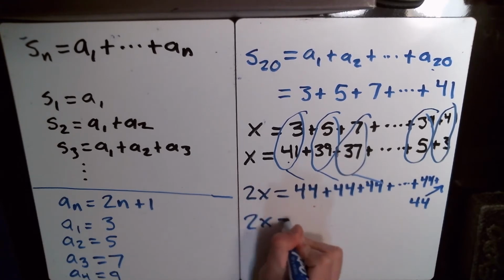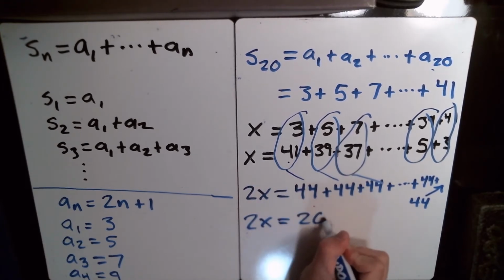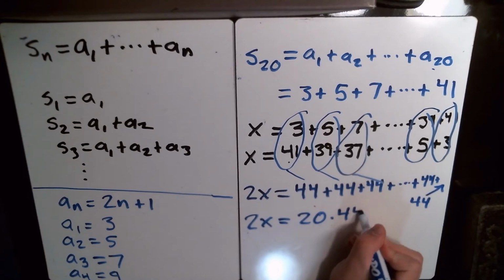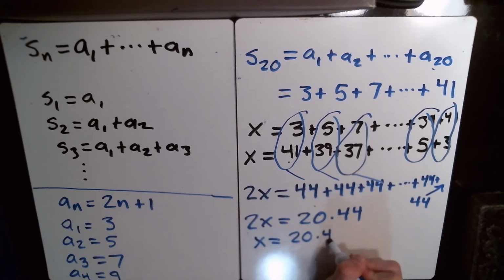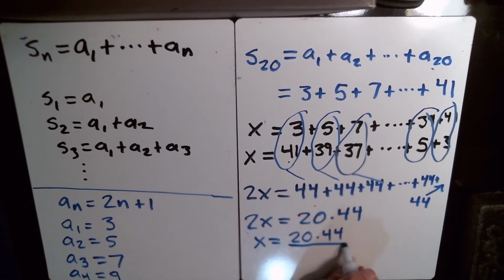So we get 2x equals 20 times 44. Okay, and then we just divide by 2 to figure out what x is, right? So it would be 20 times 44 divided by 2.